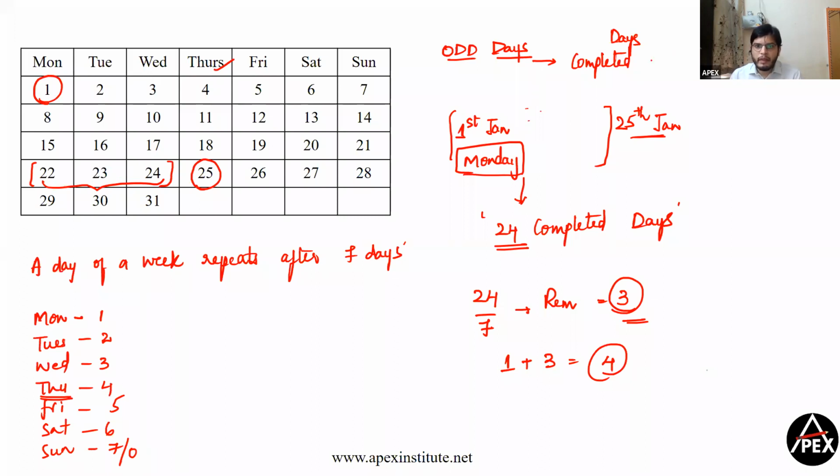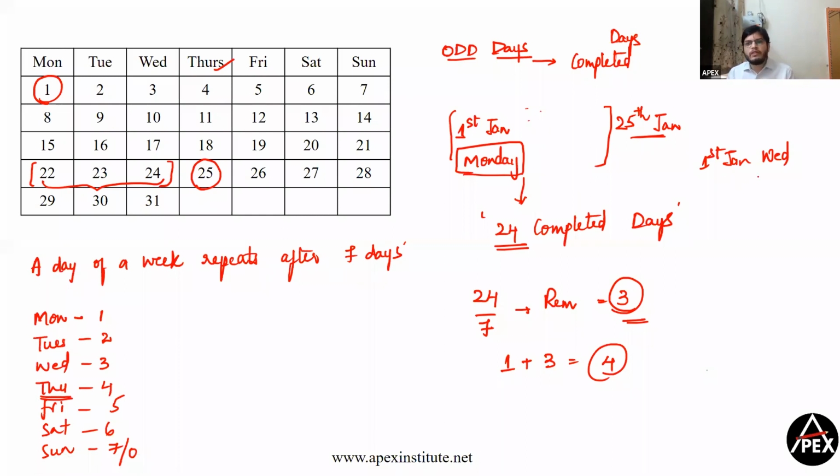Then fine, consider 1st of Jan as Wednesday. If 1st of Jan is Wednesday, then what will be the day of the week of 25th? Will it remain Thursday? If you divide 25 by 7, you get 4, but that is because we considered 1st as Monday.